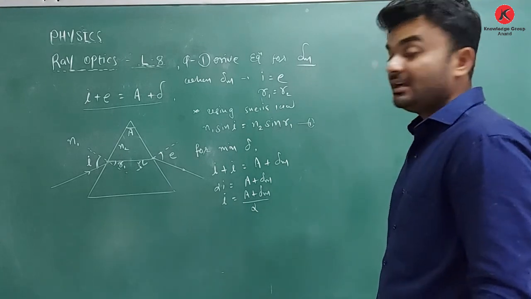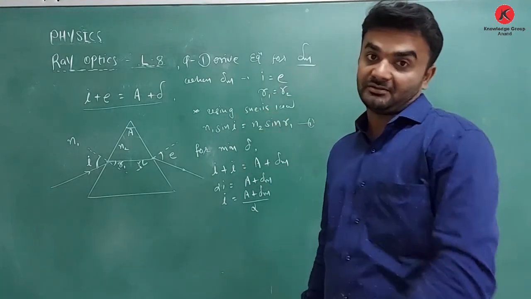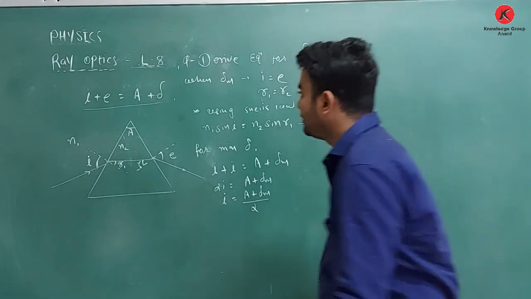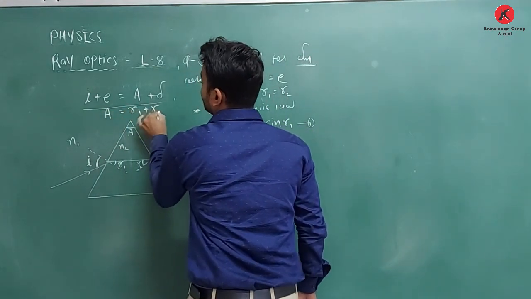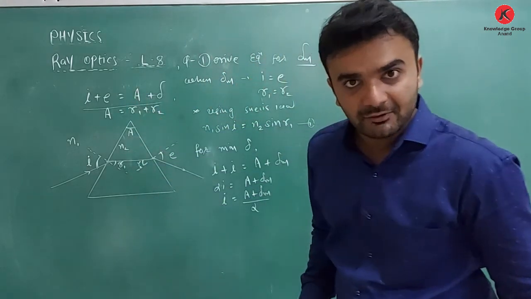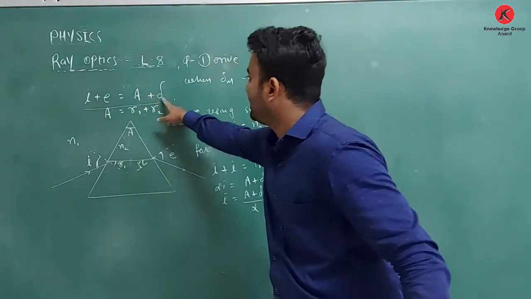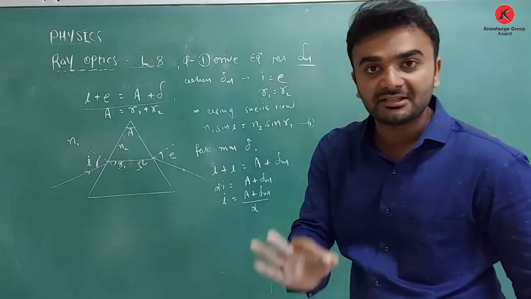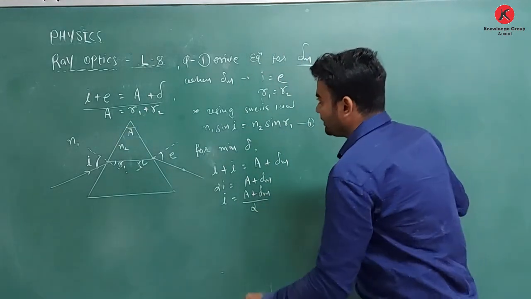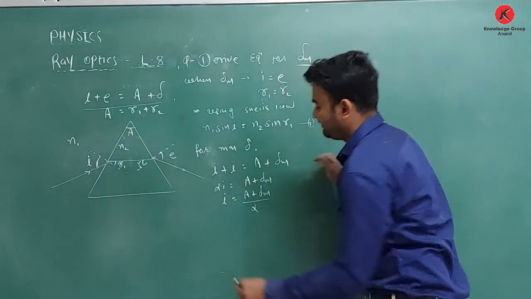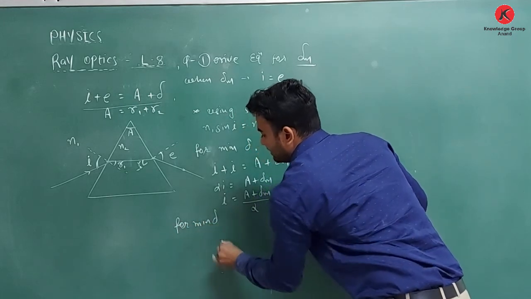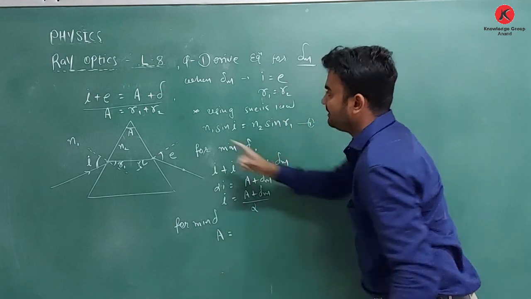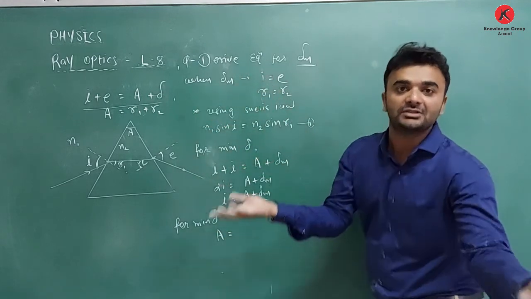And there was another equation, I hope you remember: A is equal to R1 plus R2. When we did the derivation of this equation, this equation came: A is equal to R1 plus R2. So for minimum delta, A is equal to R1 plus R2, but R1 and R2 are both the same.